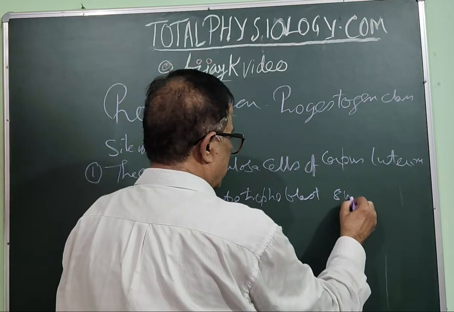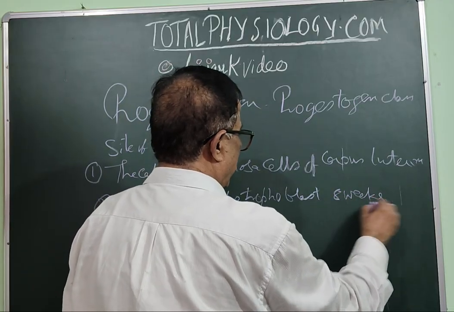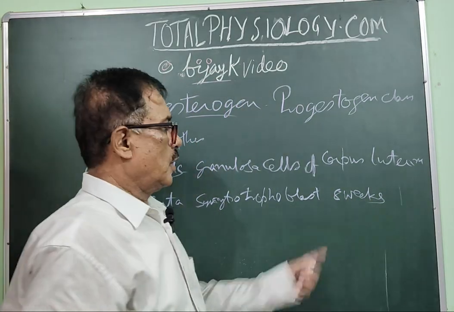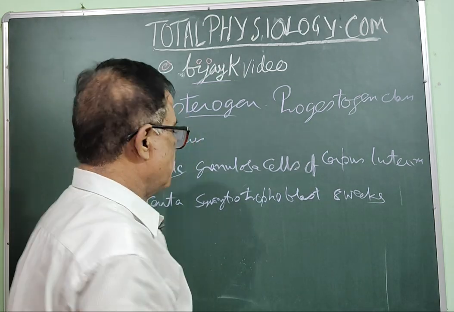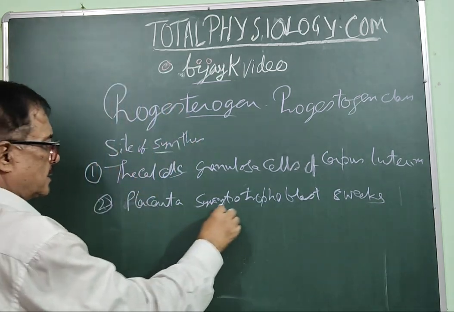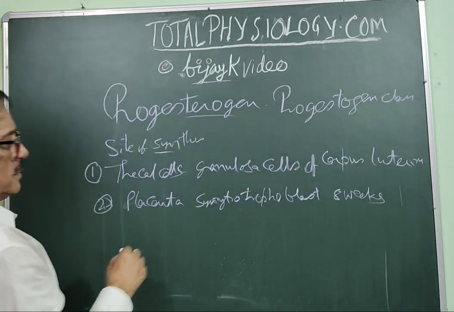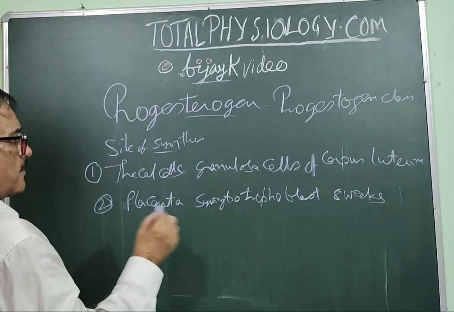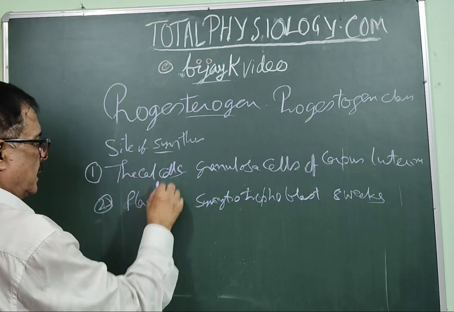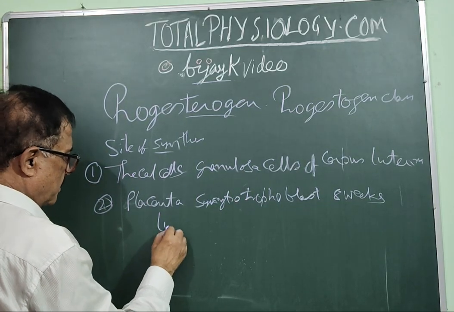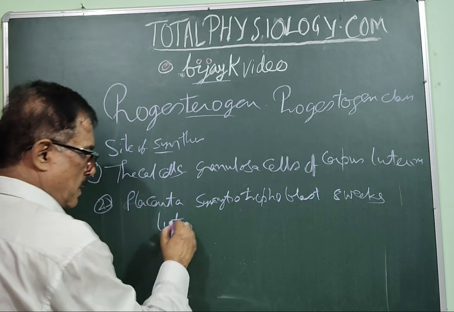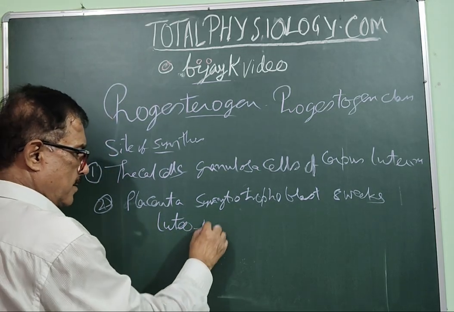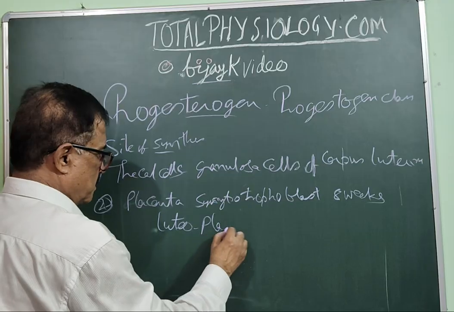From 8 weeks of pregnancy onwards, it is secreted mainly from the placenta, the syncytiotrophoblast. And this shift is known as the luteoplacental shift.